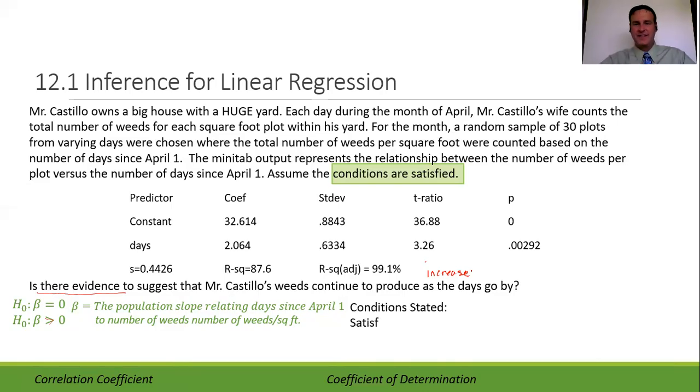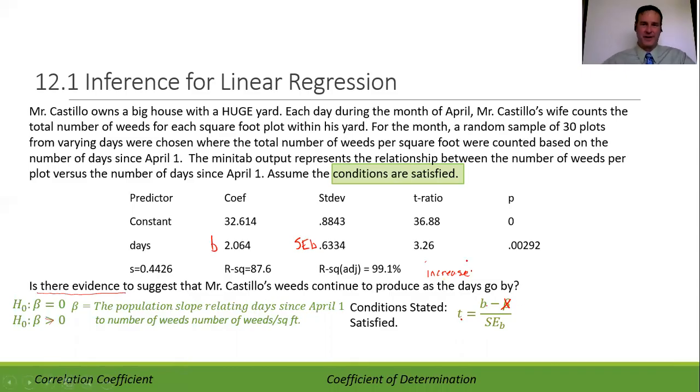Conditions are satisfied. That was stated before. And then we have our T. Remember, T is equal to B minus the big B, which is beta, all over SEB. And so here's the deal. There's your B. There's your SEB. Most people know, hey, by now, B over SEB will help me find the T. You can divide those out.